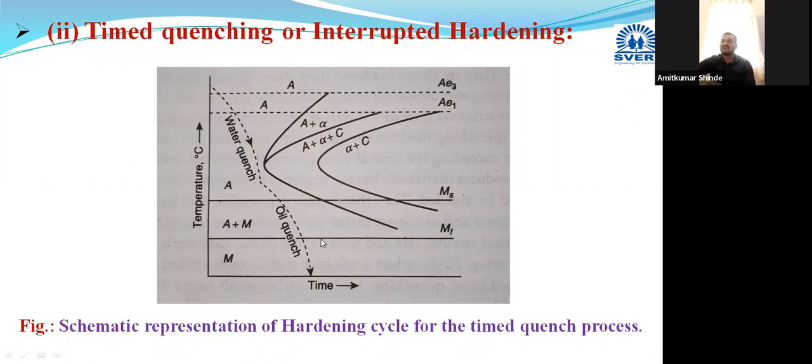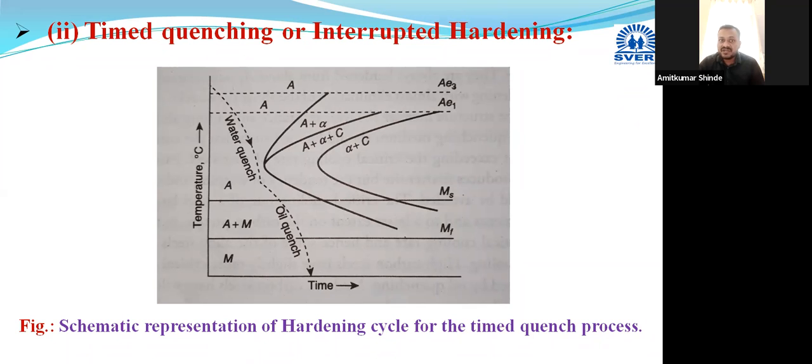Like this, for medium carbon steels, high carbon steels or low alloy steels, you can use oil quenching and then air quenching. By changing the mediums, this timed quenching or interrupted hardening method can be used for low carbon steel, medium carbon steel, high carbon steel, or alloy steel also.